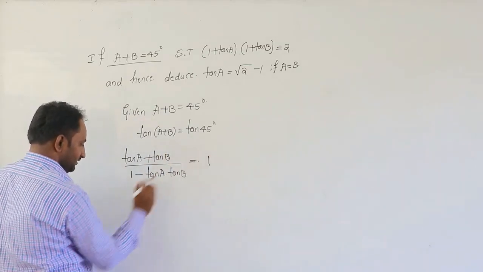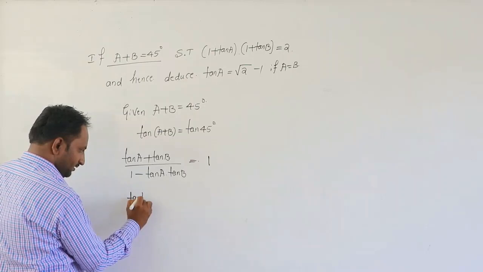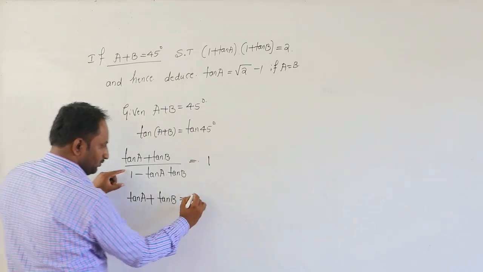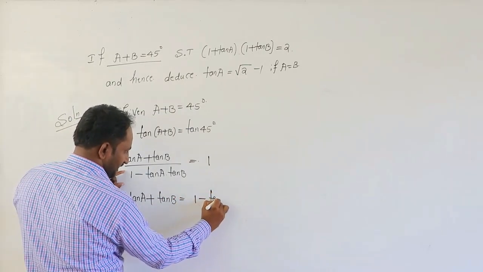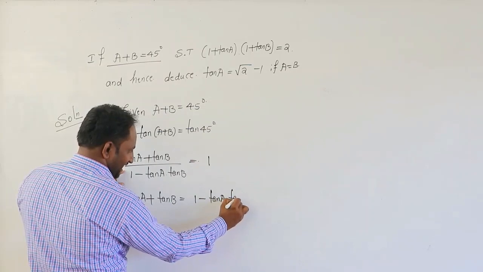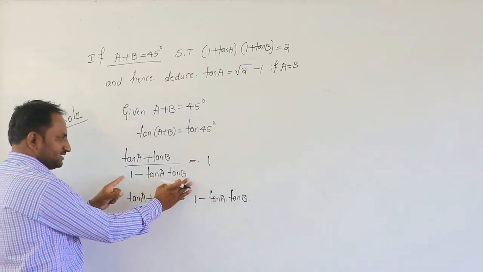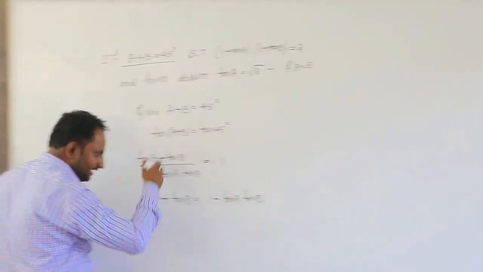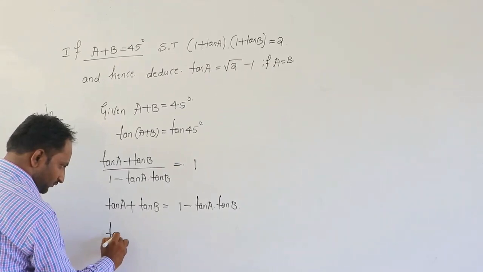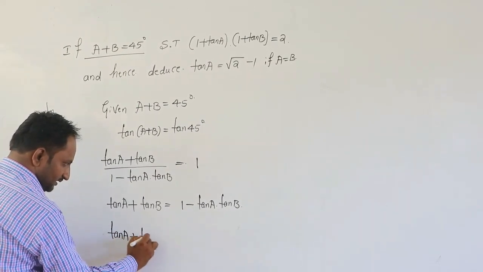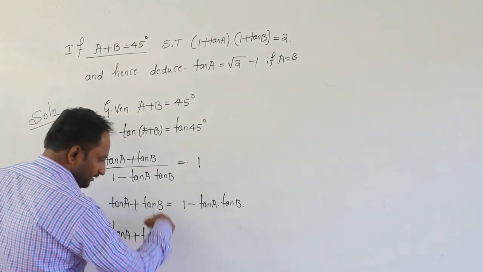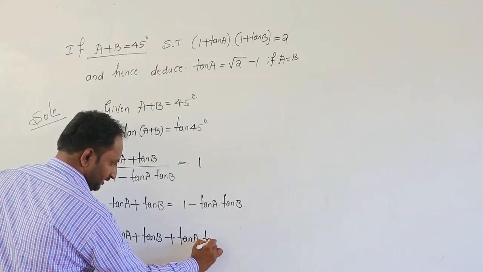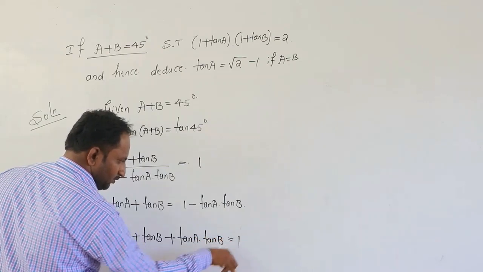Cross multiplying, tan A plus tan B is equal to 1 minus tan A into tan B. This term, minus tan A into tan B, comes to this side. Here tan A plus tan B plus tan A into tan B is equal to 1.